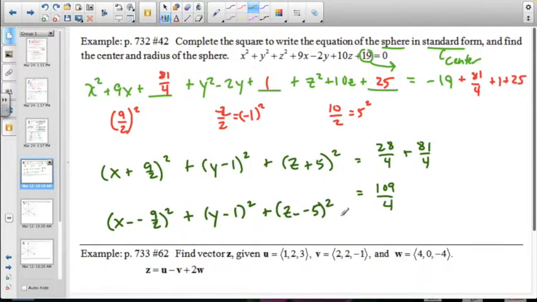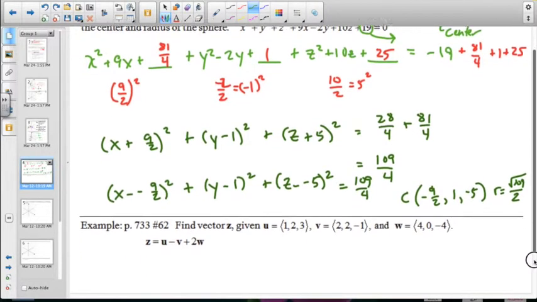So that helps us with that. And this is the radius squared. So the square root of this is just the radius. So we have a center at minus 9/2, comma 1, comma minus 5. And we have a radius of the square root of 109 over 2, just square rooting the bottom.